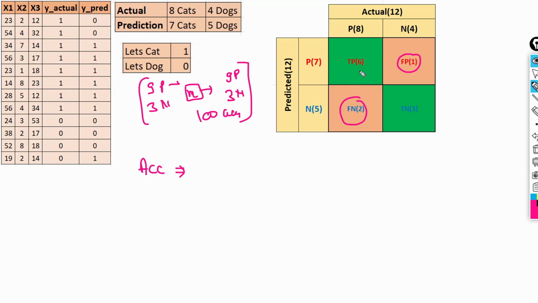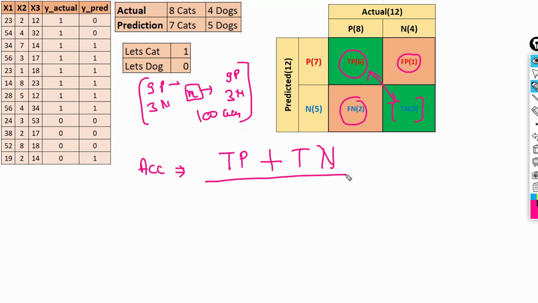We can check it with the help of true positive plus true negative, right? This is the true positive, all the true cases which are detected with the help of this confusion matrix, and this is the true negative value. In actuality these are negative and our model also classified these negative classes correctly.